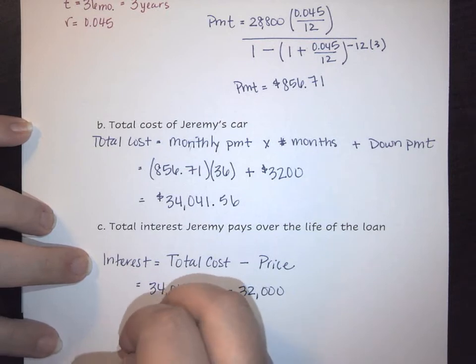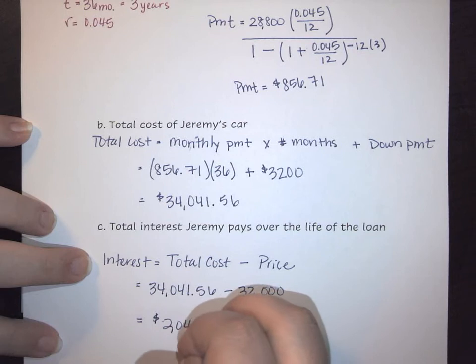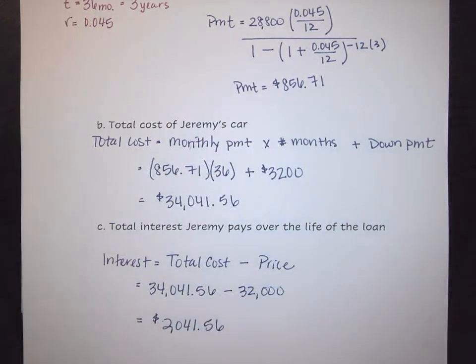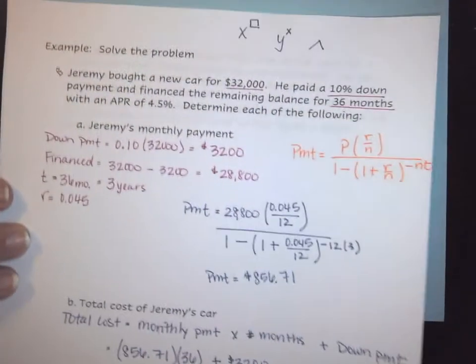So that means that you have paid a total of $2,041.56 in interest. So there is your first example of being able to calculate a monthly payment for a vehicle. Okay.